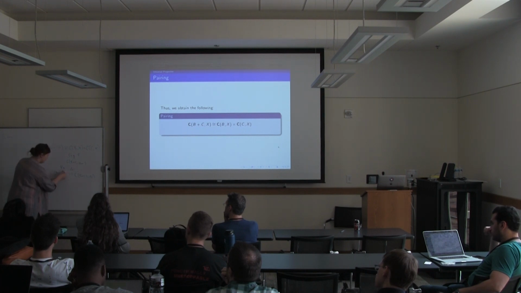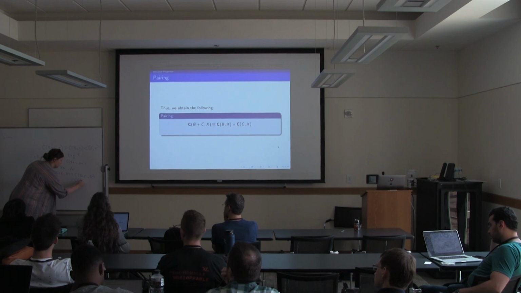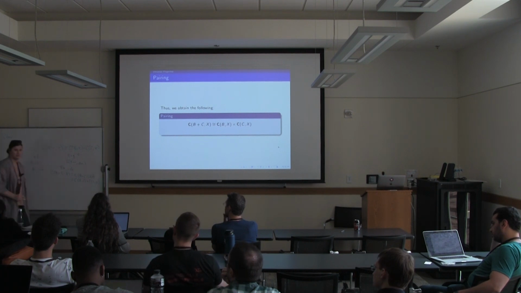So if you imagine, I just erase this, c, I have x, c, and x. And I have an equivalent statement in the sense that this is actually just isomorphic to saying b to x cross c to x. That's pairing.